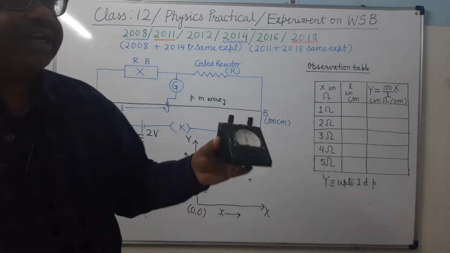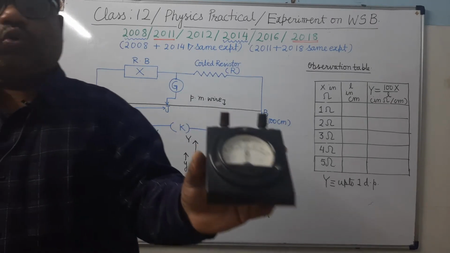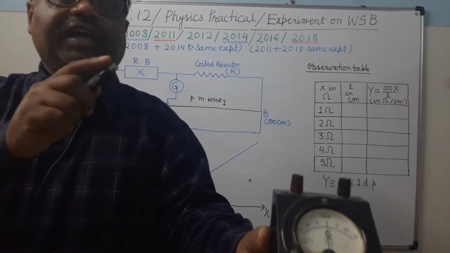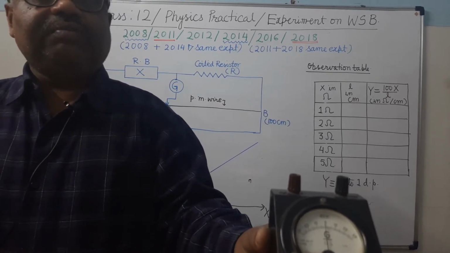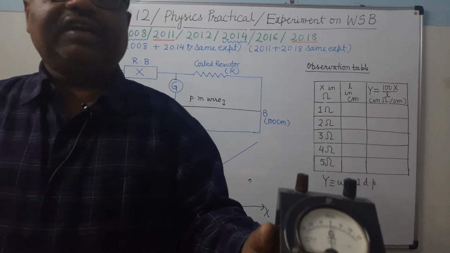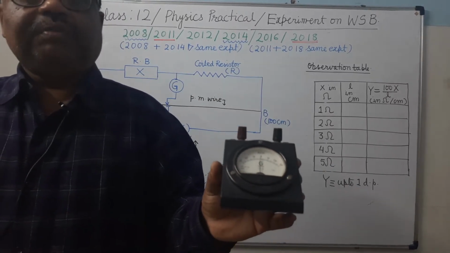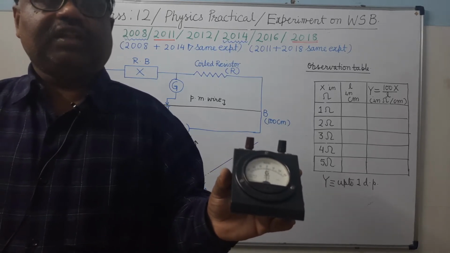Now after setting up the circuit diagram, you have to locate the null point with the help of this galvanometer. No numerical reading will be recorded in the galvanometer. There will be no least count, no positive and negative, nothing.